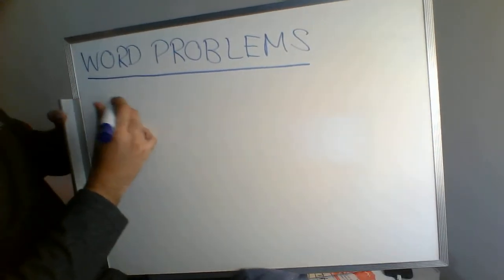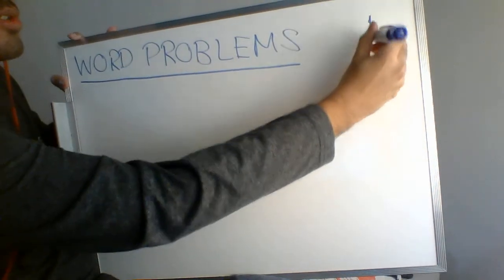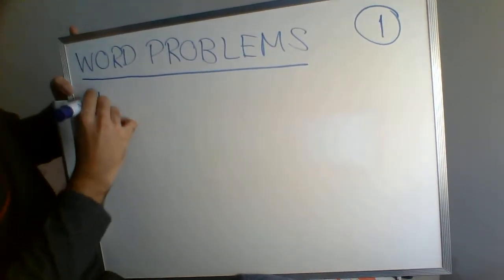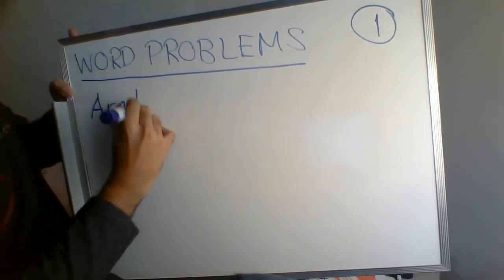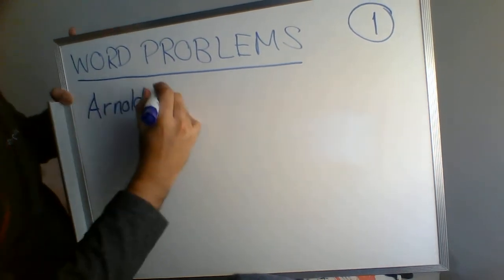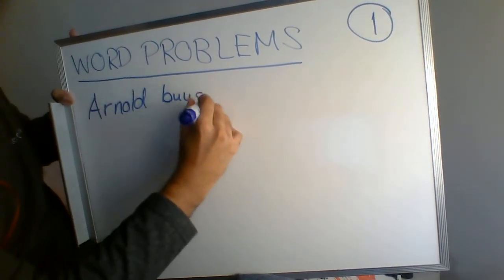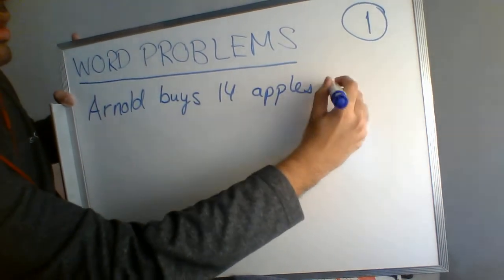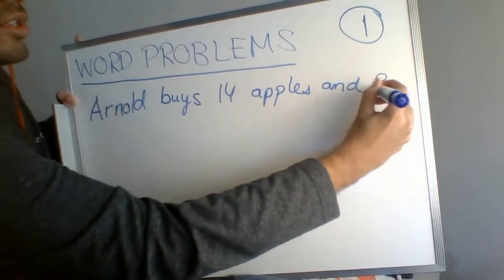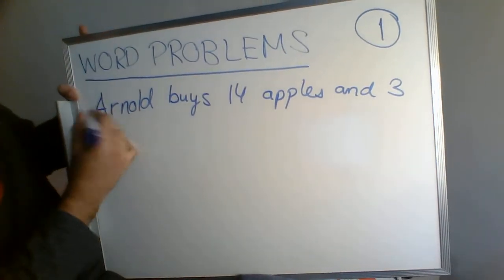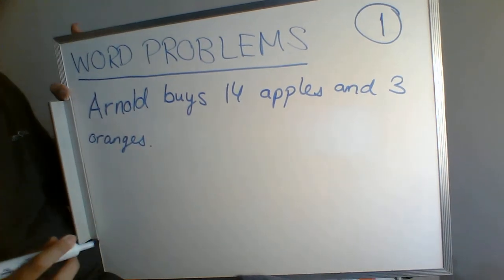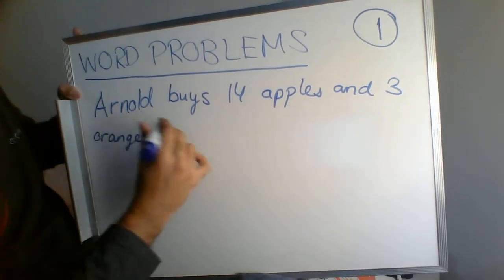So we'll do three different questions. We'll start with question one, which is going to be the following. Arnold buys 14 apples and 3 oranges from a grocery store, let's say. I'm not going to write the grocery store part, but Arnold buys 14 apples and 3 oranges.